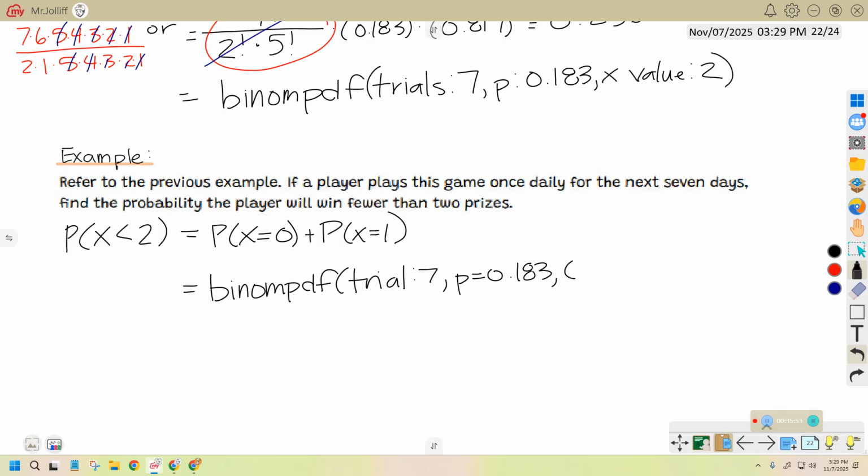And you're going to change the x to 0. And then you're going to go down to paste, and it's going to stick that on your screen. Do not hit enter. Press plus, and then go back to the vars menu and do binomial for value 1.